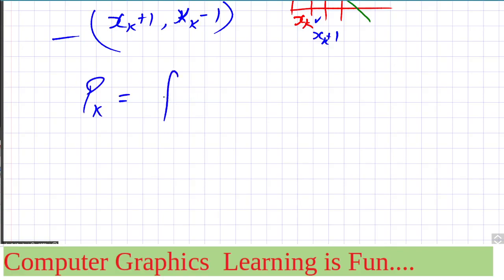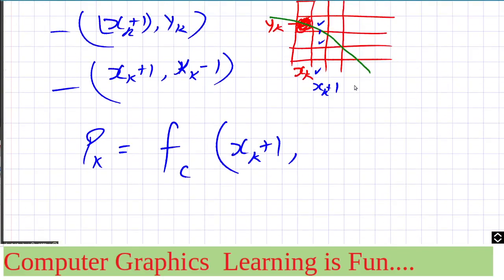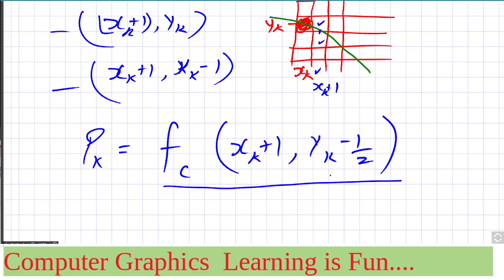Your function, based on x increasing, and let me take y at the midpoint. y is yk minus half. I am decreasing half. Now we will see whether this value is near to 0 or not.